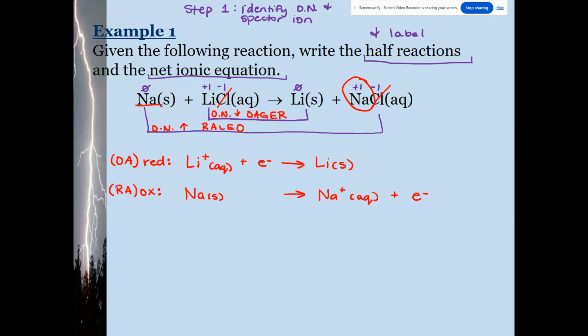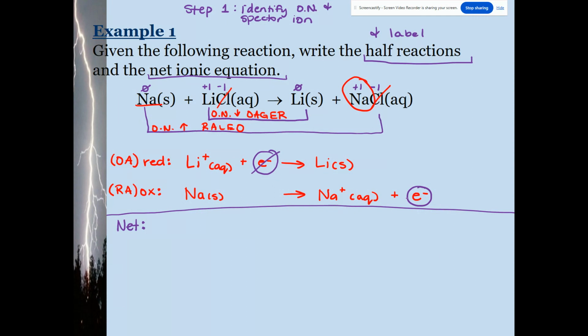All right. Now, I'm done with the half reactions. I want to put it together to write a net reaction. So what I have to do is balance my electron transfers. I have one electron being gained and one electron being lost. That balances.